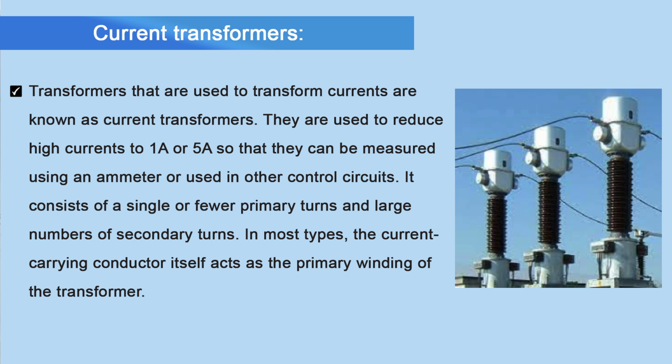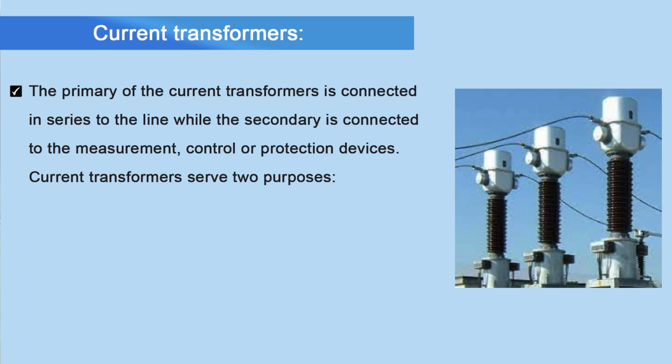The primary of the current transformer is connected in series to the line, while the secondary is connected to the measurement, control or protection devices.